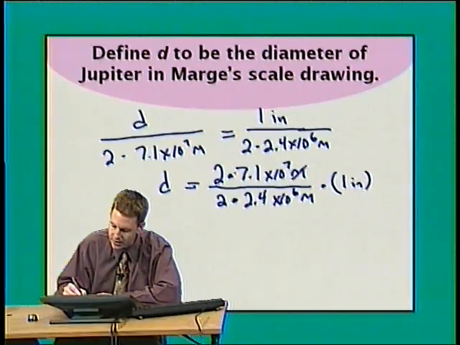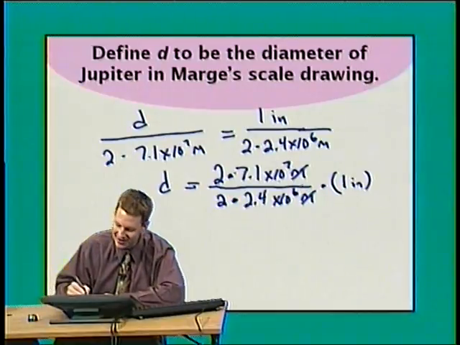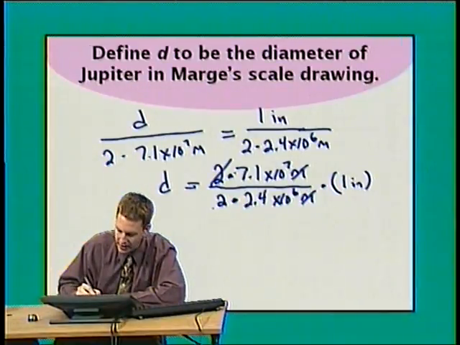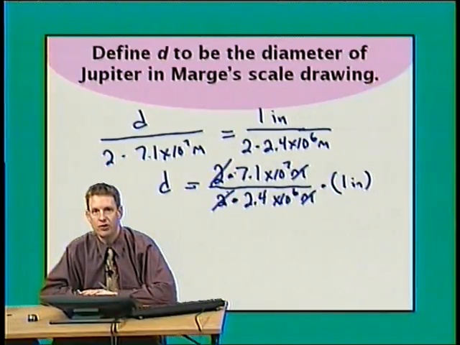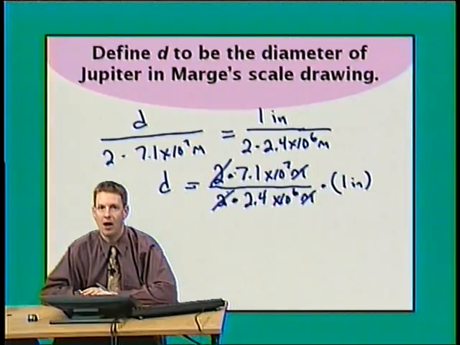Notice that my units of meters are going to divide to 1, and I am going to be left with units of inches. Notice, too, that I have a factor of 2 in the numerator, which divides with the factor of 2 in the denominator. So to get the numerical part of the diameter, all I need to do is take 7.1 times 10 to the 7th and divide by 2.4 times 10 to the 6th. Let's do that on a calculator.